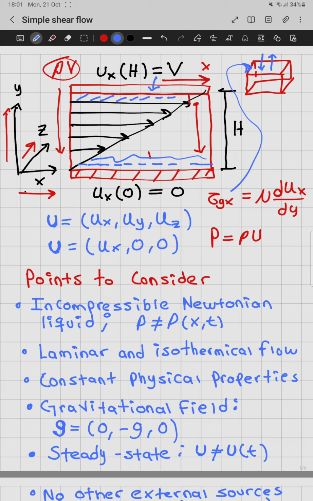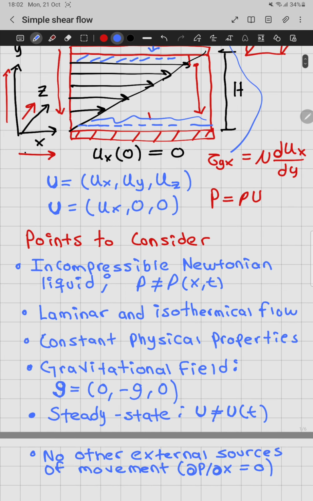So our goal in this video is to find an analytical solution for the velocity field in this kind of geometries. So these kind of flows are important because they are really easy to reproduce in a laboratory.